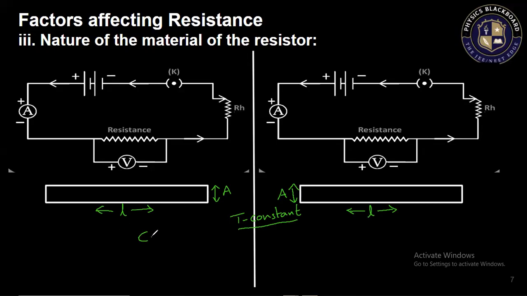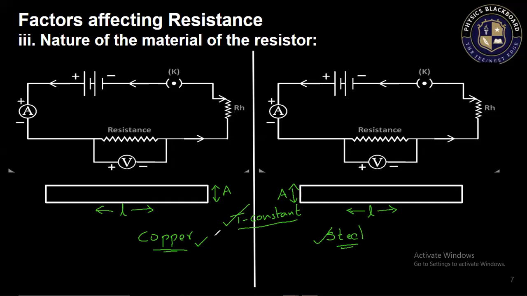Let's say this is a copper wire, and this is a steel wire. Now we can see that the length, area of cross section, and temperature all remain the same in both cases. The only difference is the nature of the material. You all know that each type of material has a different density, right?